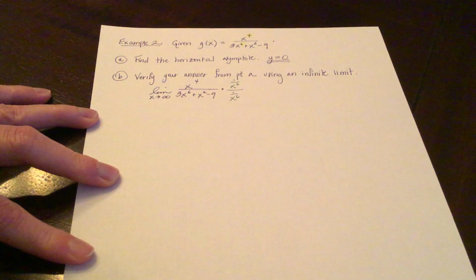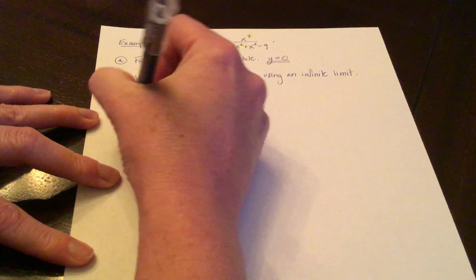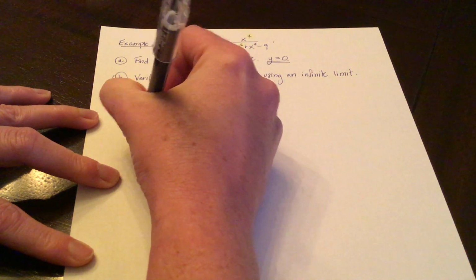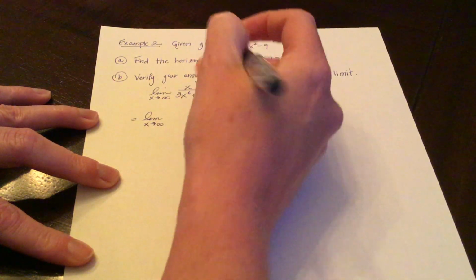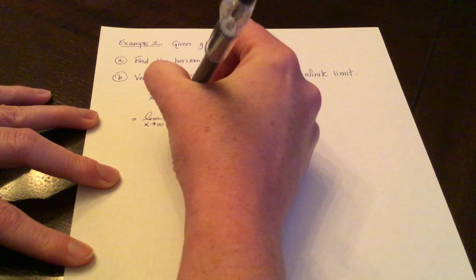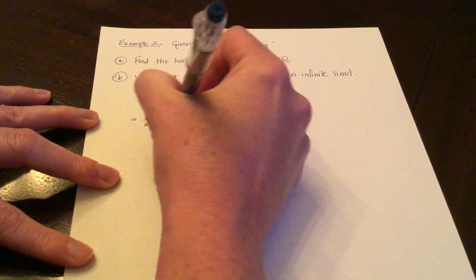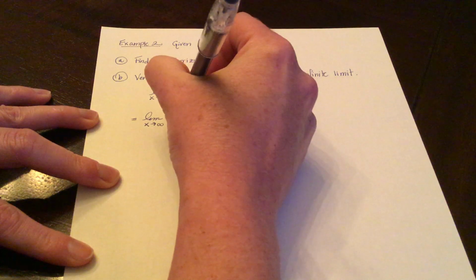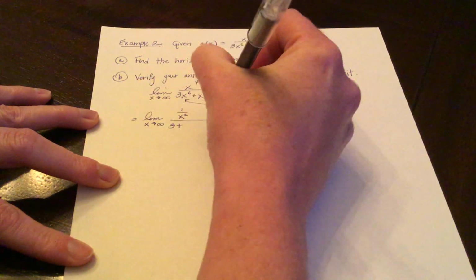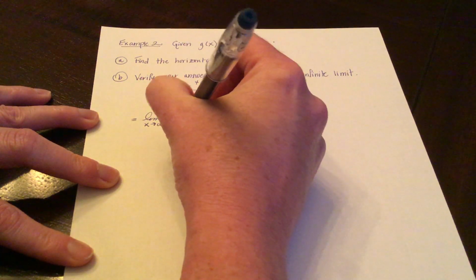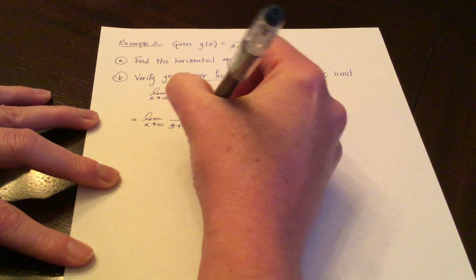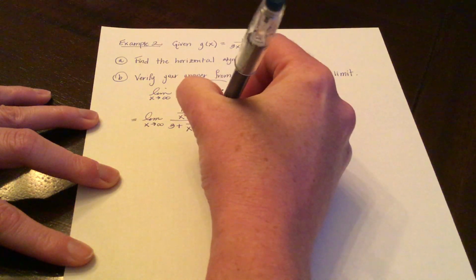And then just distribute that in and reduce fractions as we go. So we'd be left with the limit as x approaches infinity of 1 over x squared over 3 plus 1 over x to the 4th minus 9 over x to the 6th.